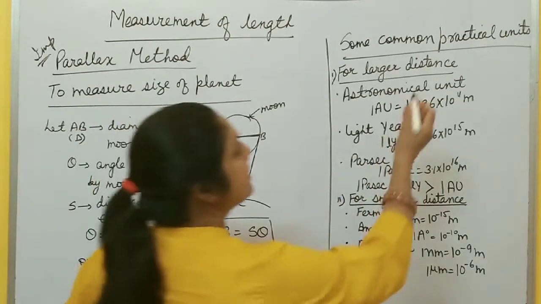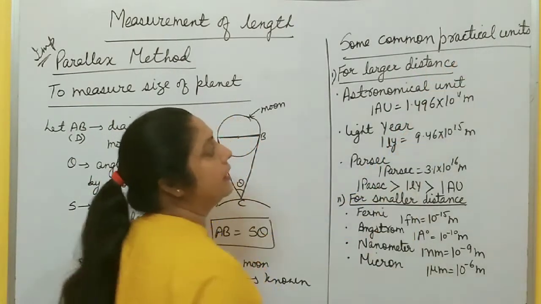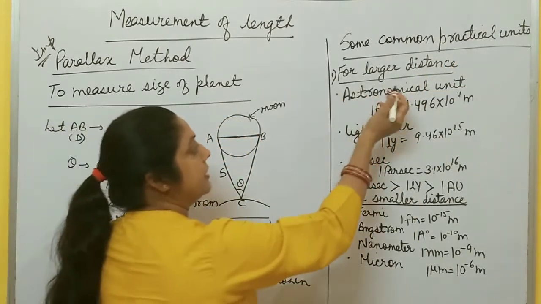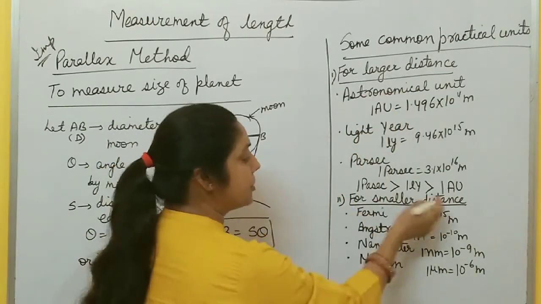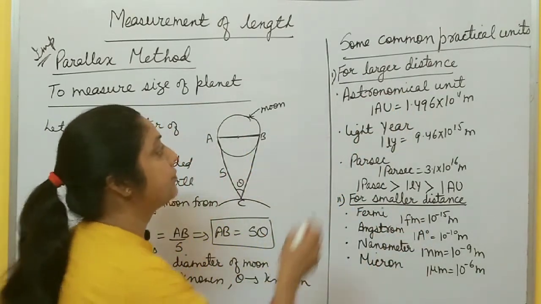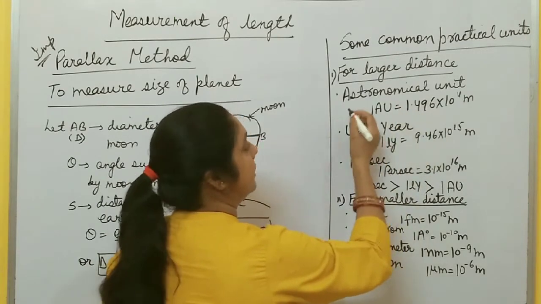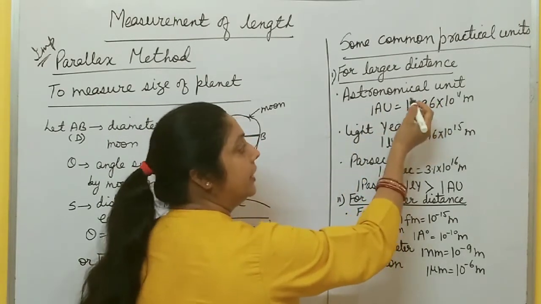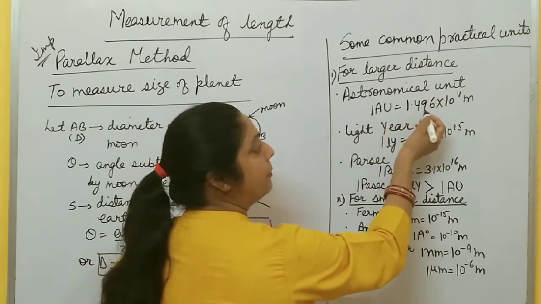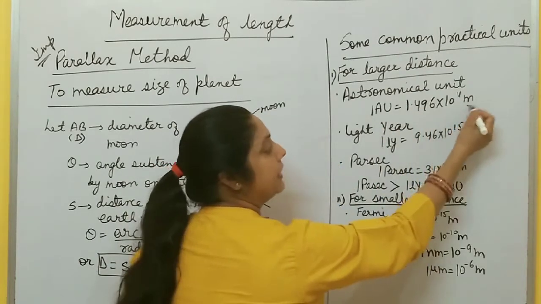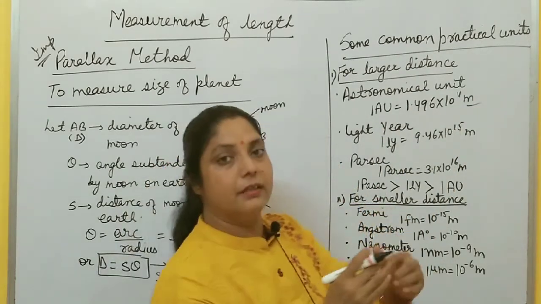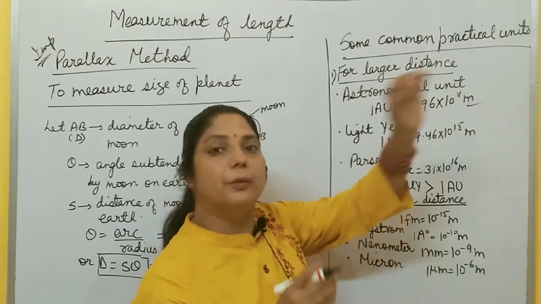Now after this, some common practical units. For larger distances, there are different units, and for smaller distances, different units are there. For larger distance, we can use the astronomical unit, and one astronomical unit is 1.496 into 10 to the power 11 meter. It is the distance of the sun from the earth, or from any planet.